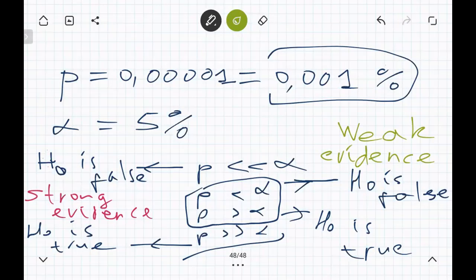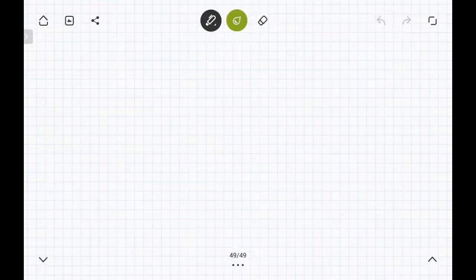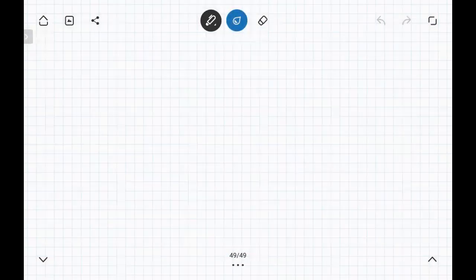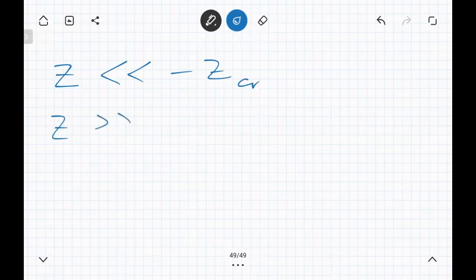We can put it in different words. So if our p-value is much more or much less than our significance level, then it means that our z is much less than minus z critical, or it's much more than z critical. It's the case when p is much less than alpha.